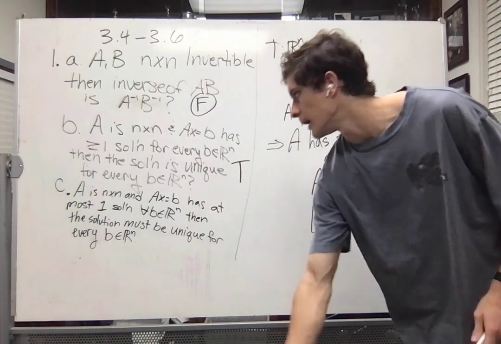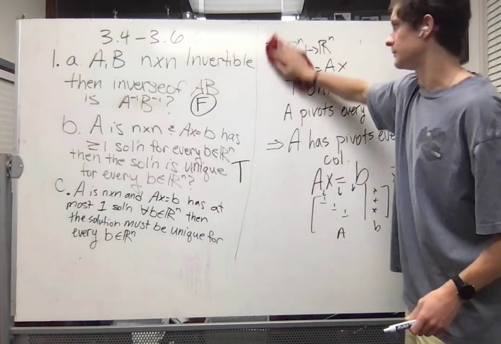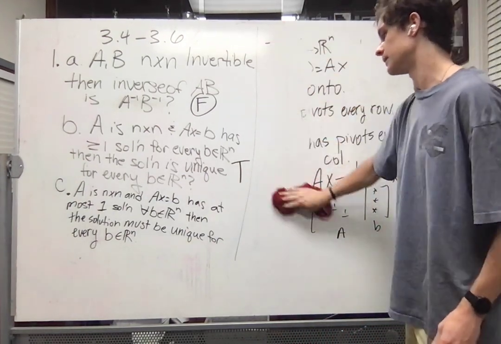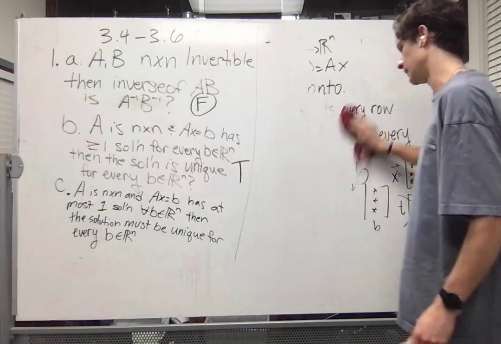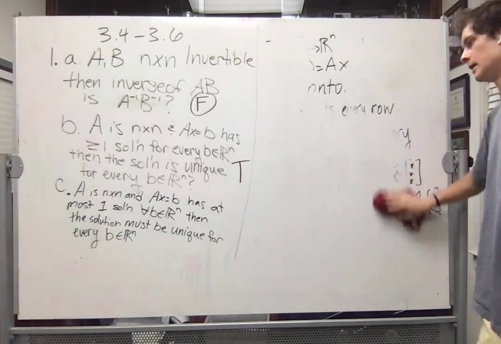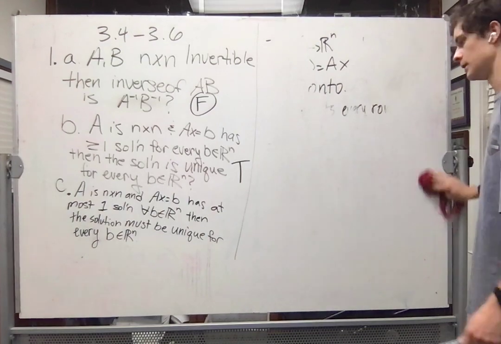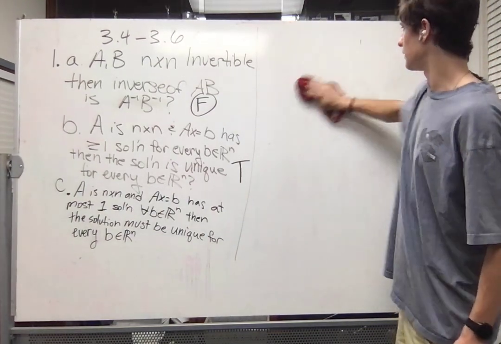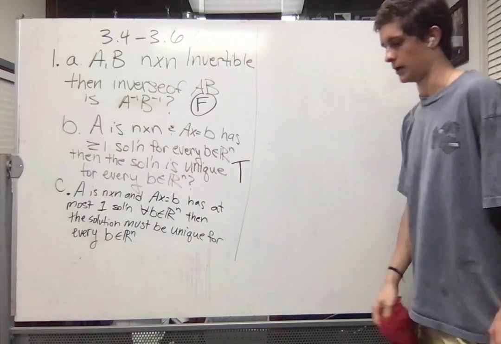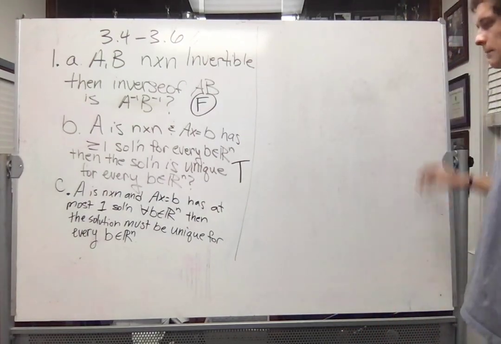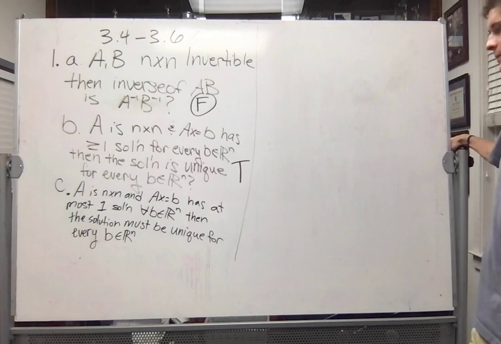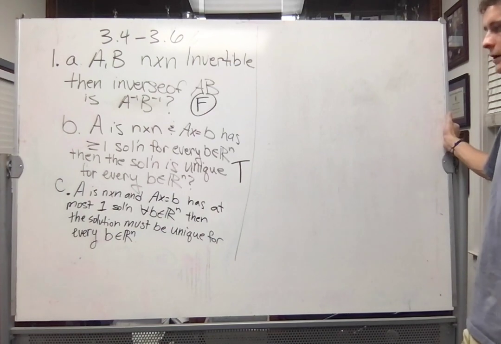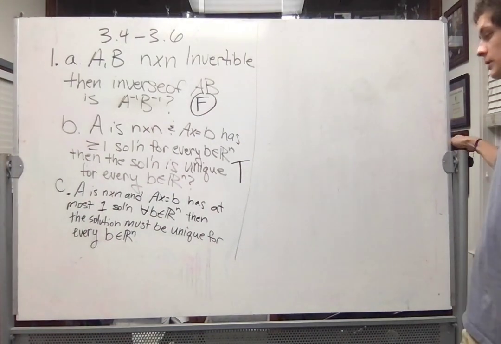So finally, A is n by n, and AX equals B has at most one solution for every B in Rn. Then that solution must be unique for every B in Rn. I'm not a huge fan of the wording in this question because I'm not sure whether we're supposed to consider whether there can be no solution.